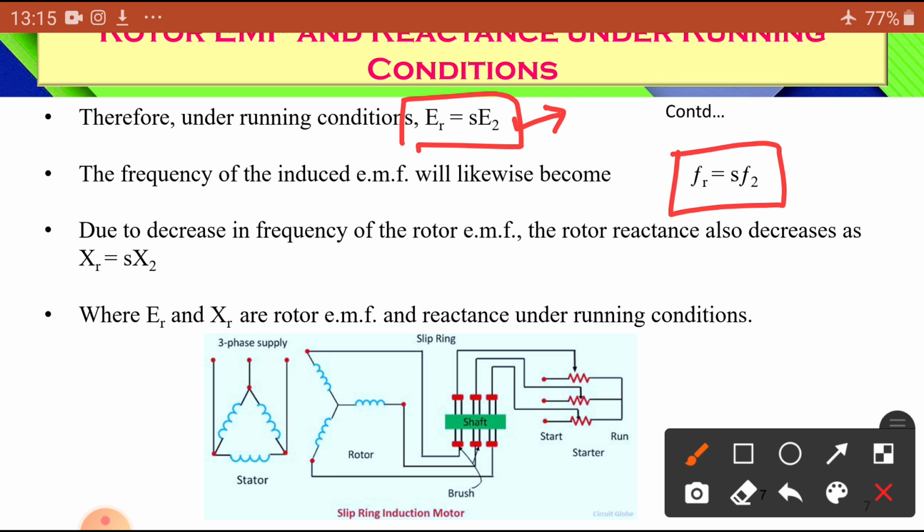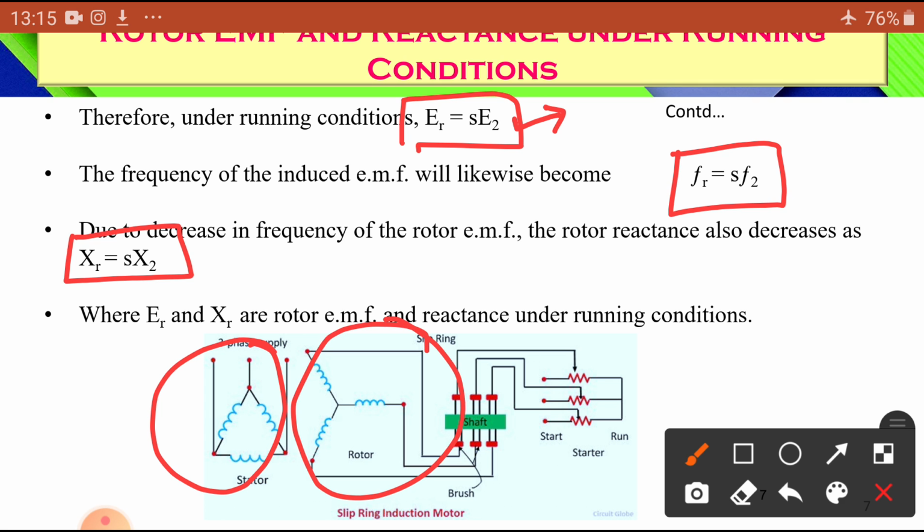We derived the equations also in the previous class. Please remember these points, my dear students. Whatever is here, this is the stator and this is the rotor, so these values are the rotor values at slip speed.